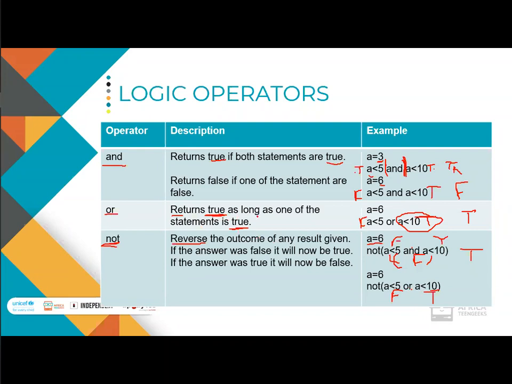As long as one part is true, our final answer becomes true. But if I look at the final answer, it's telling me to take the final answer and say NOT. So if I say NOT true, the answer is false. So that's just what NOT does. It reverses our final answer.